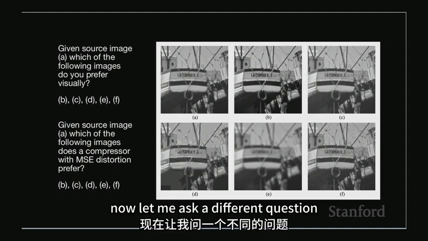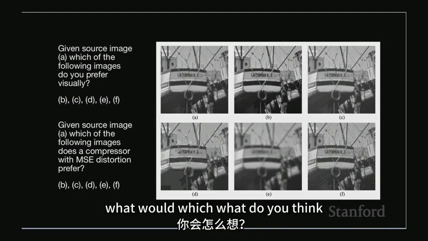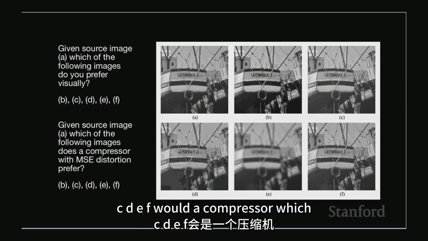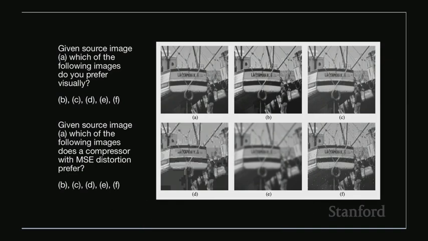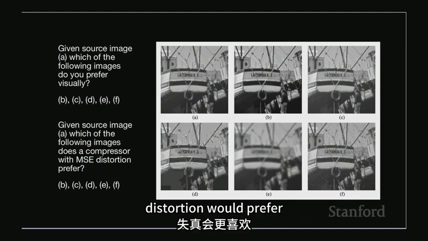Now let me ask a different question. Given this source image A, which of these images B, C, D, E, F would a compressor designed to optimize for mean square error distortion prefer? Yes, shout it out.